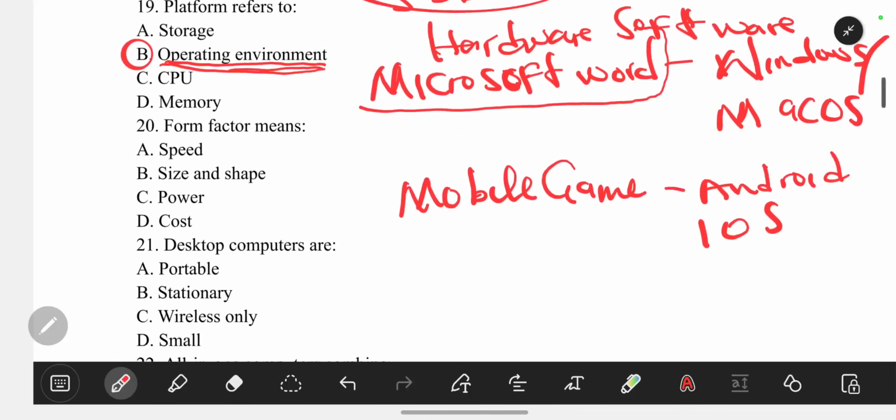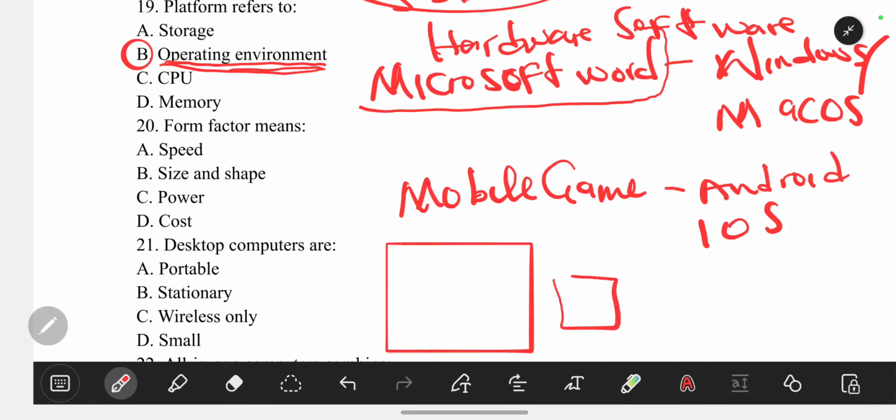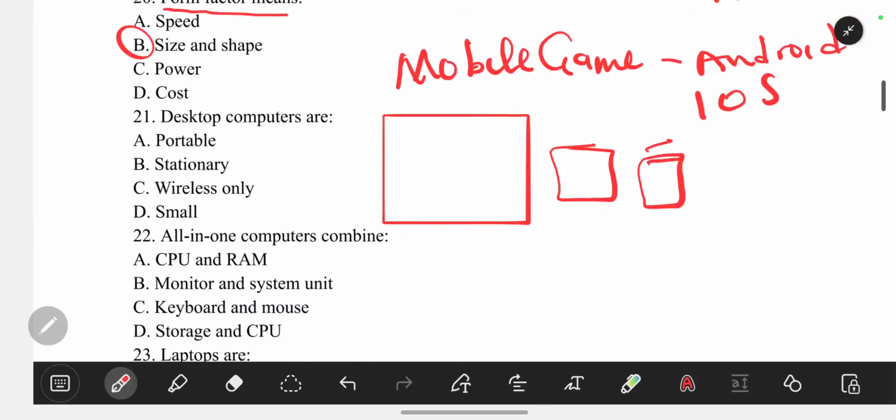Then when we look at our number 20, remember what I said about the motherboard. The size and shape is just what we call a form factor. So the size and what shape it has is what we call a form factor. Then when we look at our 21, desktop computers are stationary.